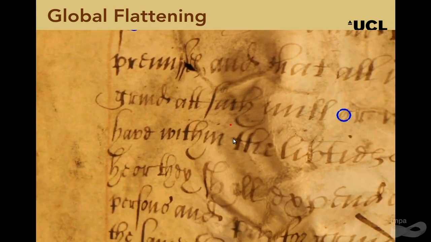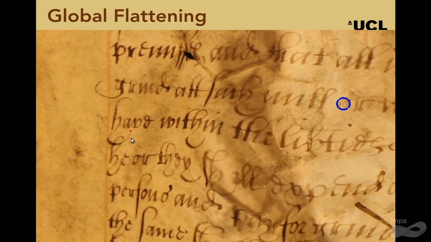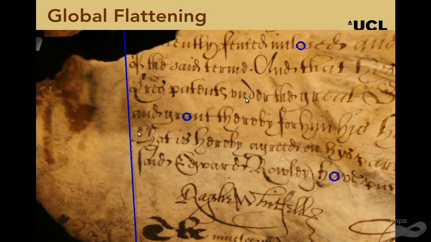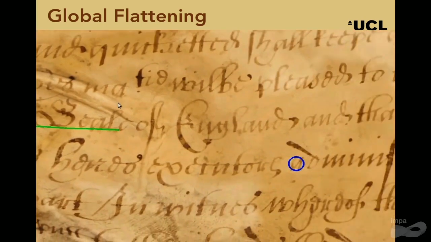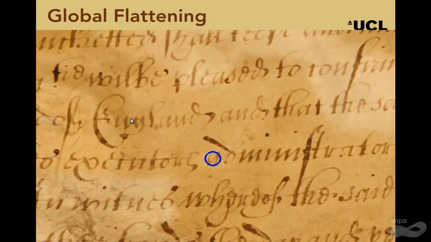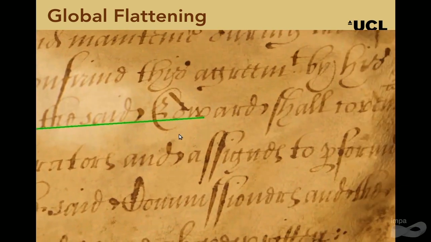We can further annotate this automatically extracted font size reconstruction in the system to have more samples of font size across the page, and we can interactively trace lines, which has to be interactive because there are so many aspects like these swashes here in the handwriting that can throw off an automatic line detection.